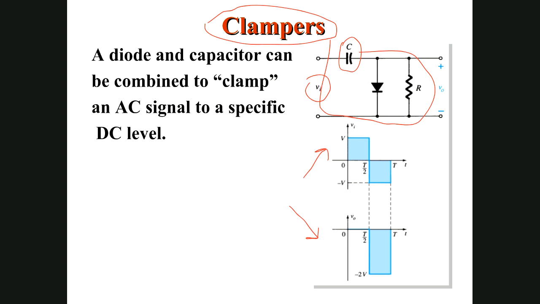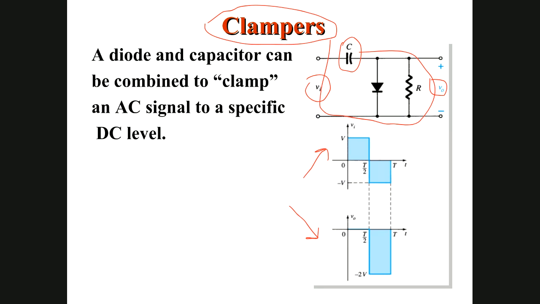What it has done, you see your input signal goes from V to minus V, but in the output your signal has shifted down. You can say it is a negative clamper because it is shifting your signal from 0 to minus 2V. Hope it's clear that you can shift your clamped signal up or down vertically.